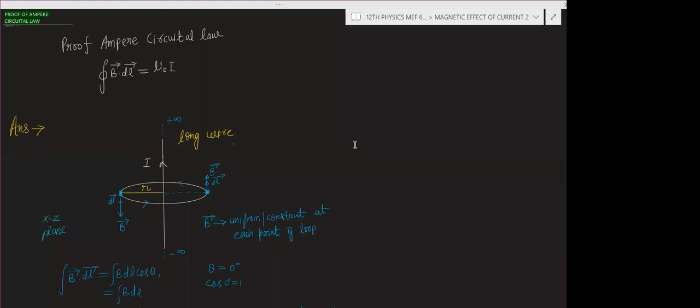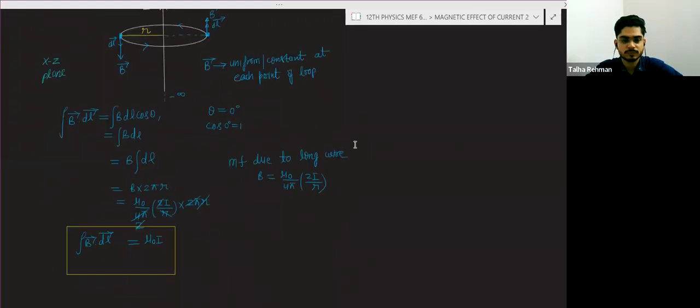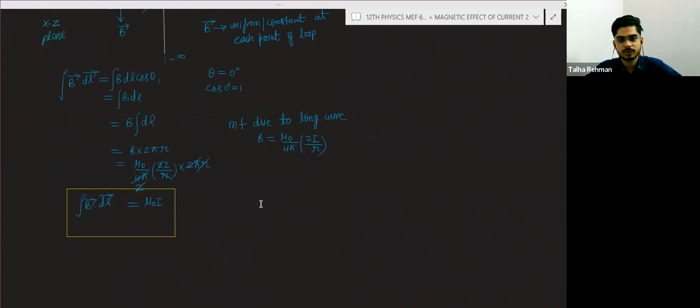Sir, please scroll down. Nafisa, scroll down. Yes, sir. Scroll down. Yes. So in this way you can prove this formula. Already I have discussed the magnetic field due to a long wire or infinitely long wire at a distance r from the wire.